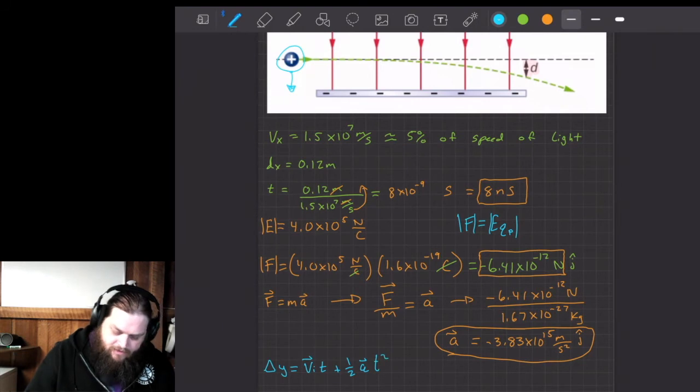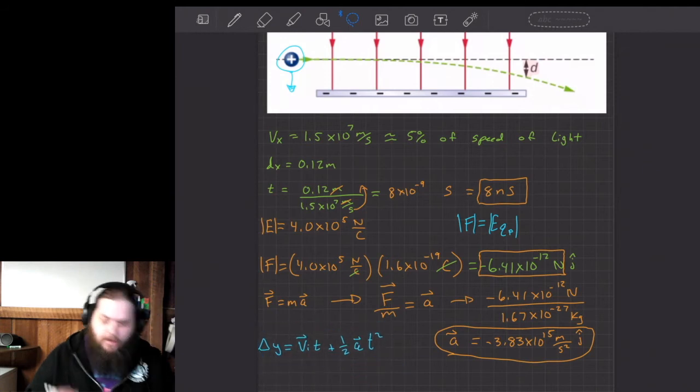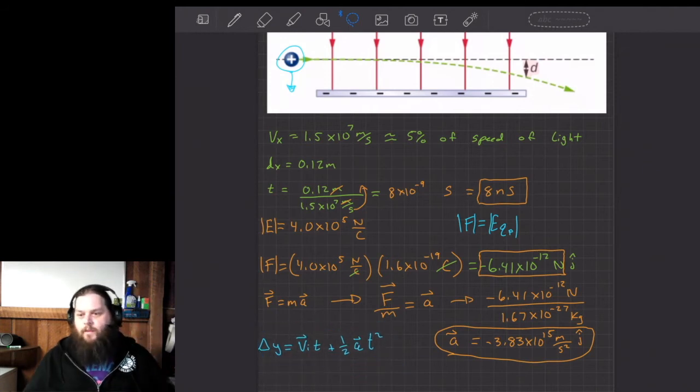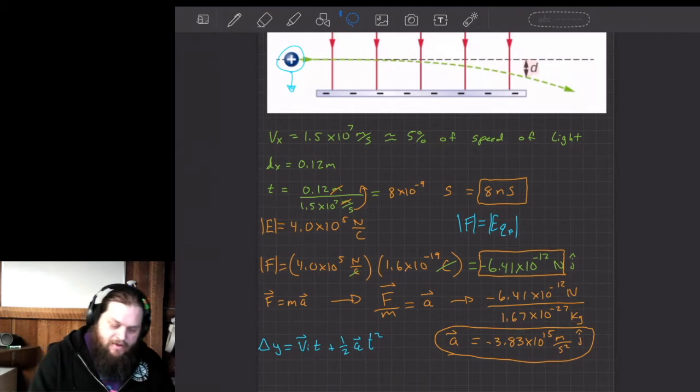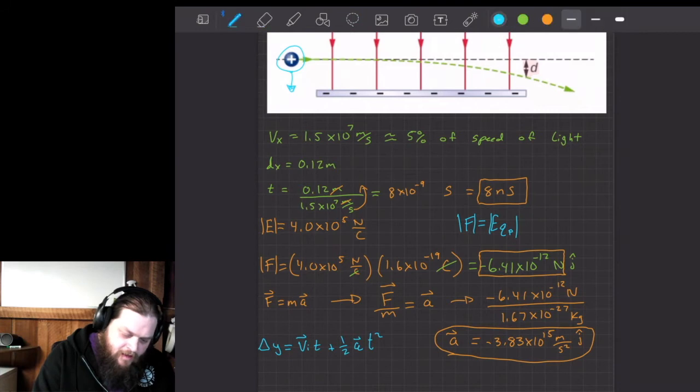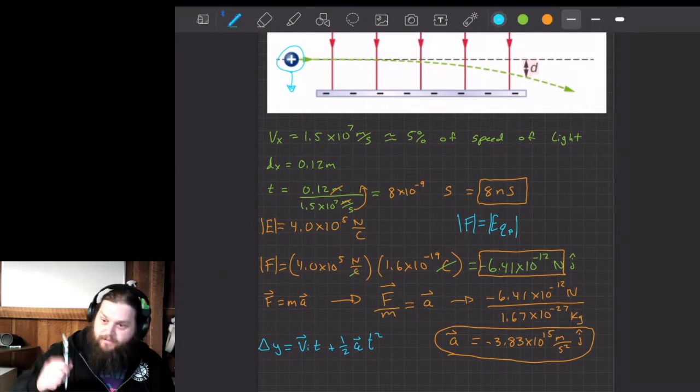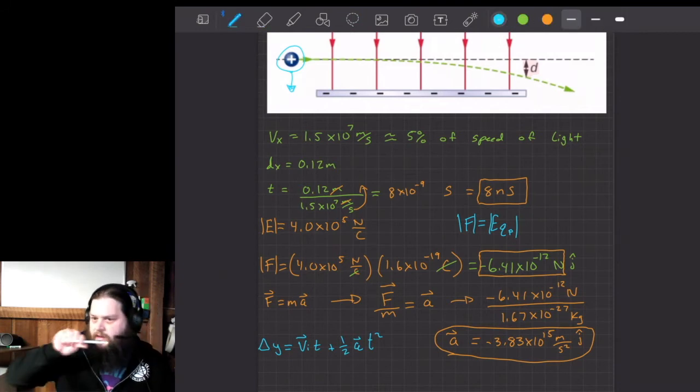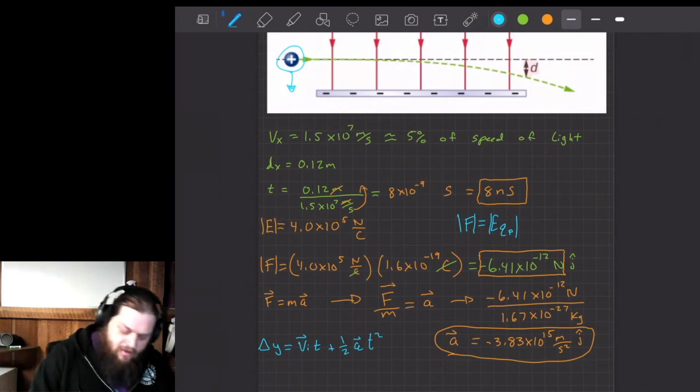That was one of the main kinematic equations we use to determine velocity, acceleration, and time. In this situation, we know the initial velocity in the y direction was 0 because it was going in a perfectly straight line. So we can cancel out this first term.